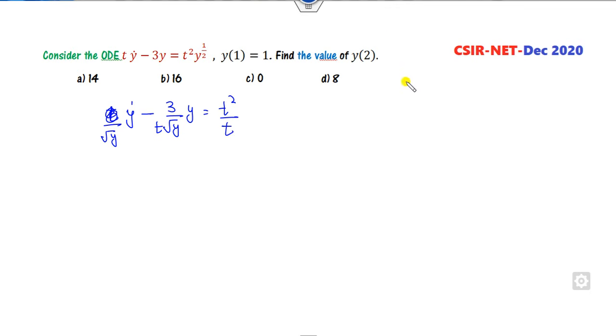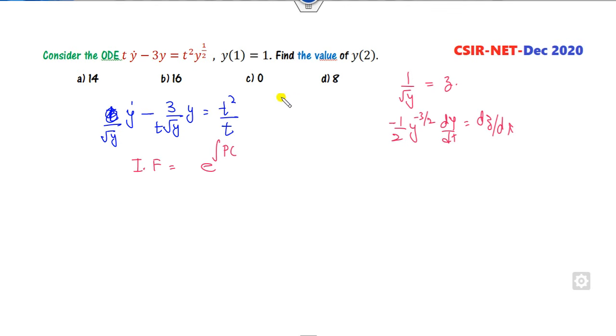I can take this as z, so 1 by 2 y raised to the power minus 1 by 2 dy by dt is here. Once you substitute, you can find the integrating factor also.